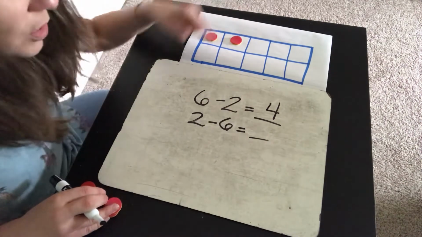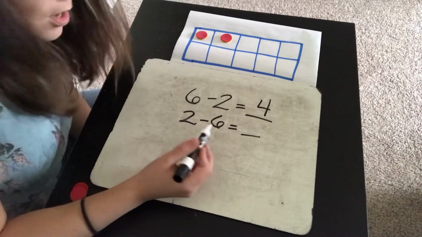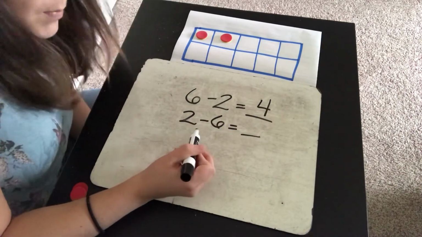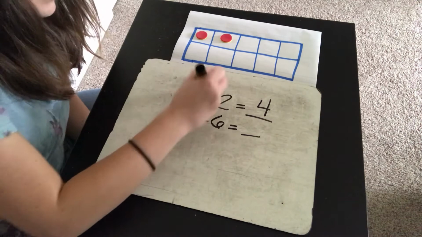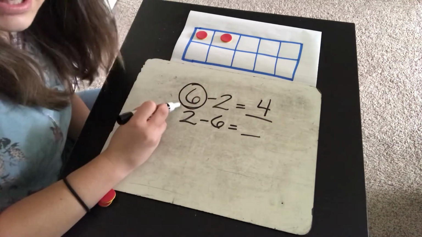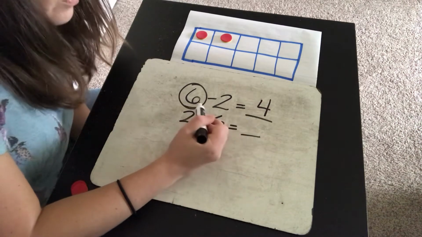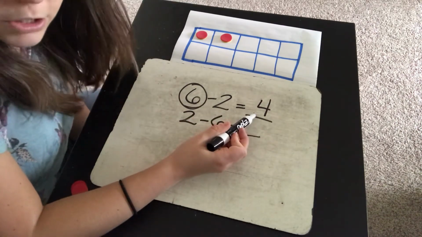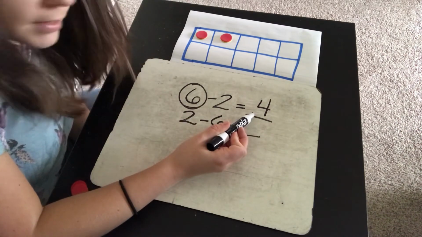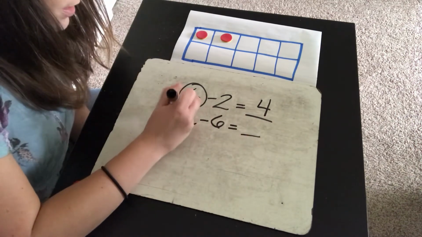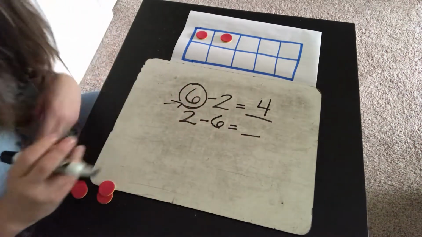Nope. So the commutative property does not work for subtraction, because when you subtract, it always has to begin with the largest number first. Notice I have 6, 2, and 4. Out of these three numbers, which is the largest? 6 is the largest, and that's why I begin with it first when I'm subtracting.